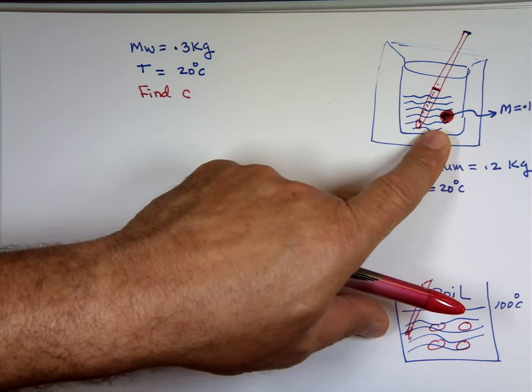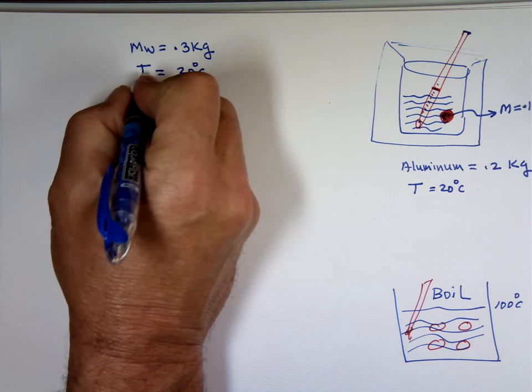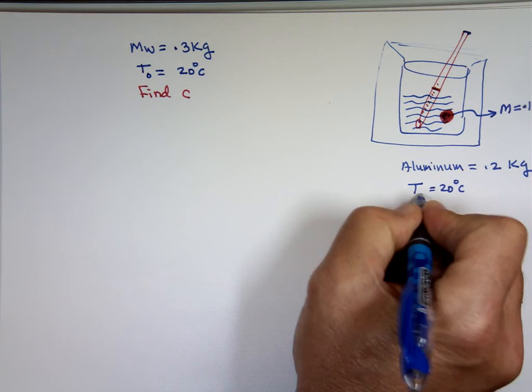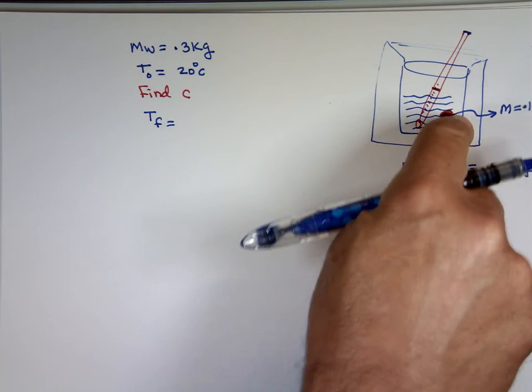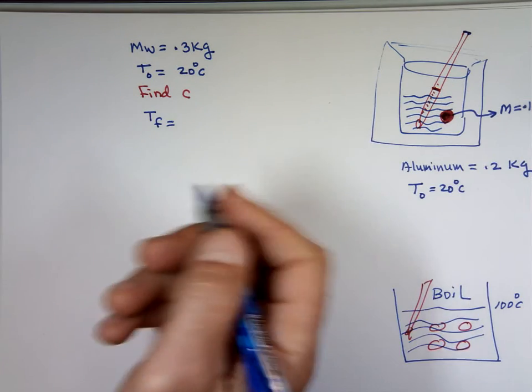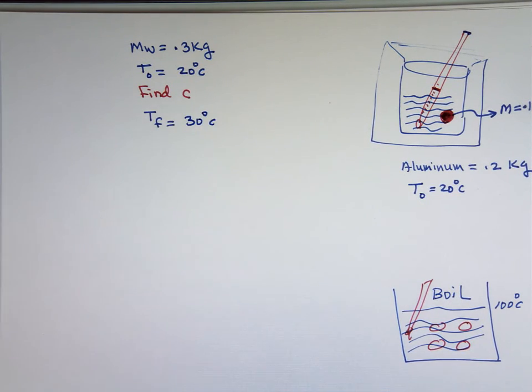When you look at the final temperature, that's the initial temperature, we'll use O. Now the final temperature of everything, that means the bowl, the water, the aluminum, let's say it went from 20 to 30. So I started with 20 degrees Celsius, now it's 30 degrees Celsius. Can I tell you what that item is? Can I find what C is? I should be able.